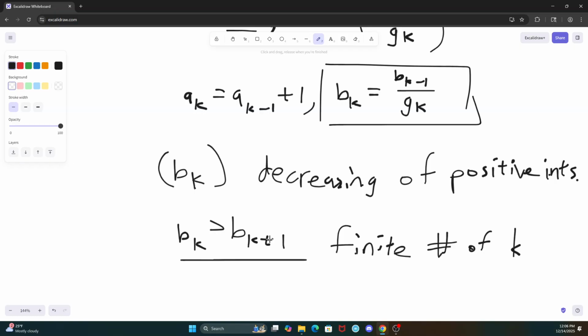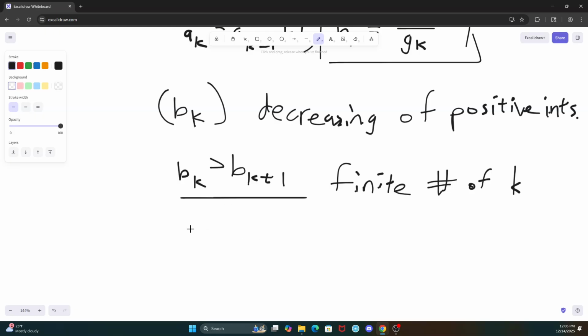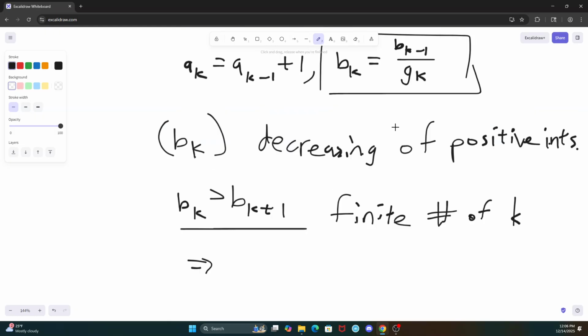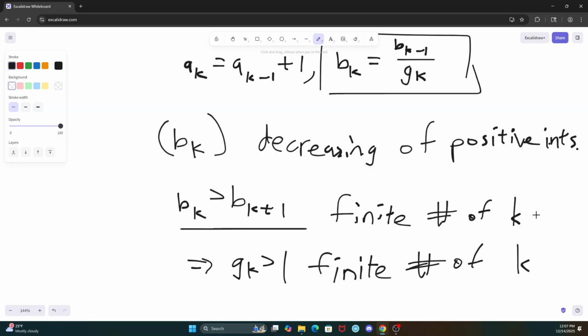Because otherwise, if it decreased for an infinite number of k, then that would necessarily mean that it would decrease towards negative infinity, right? But it is a positive integer, so it can't ever be less than 1. And so note that this happens when the divisor, g sub k, is greater than 1. And so this implies g sub k is greater than 1 also for a finite number of k.